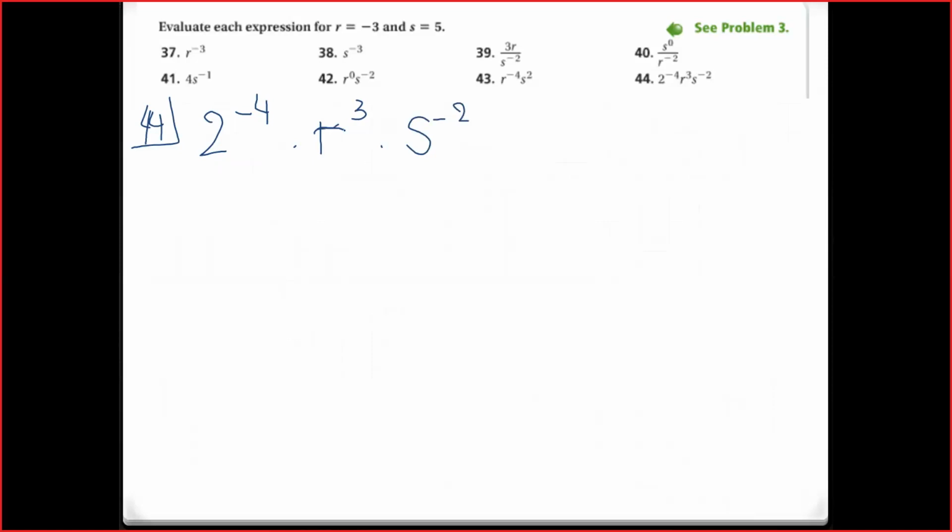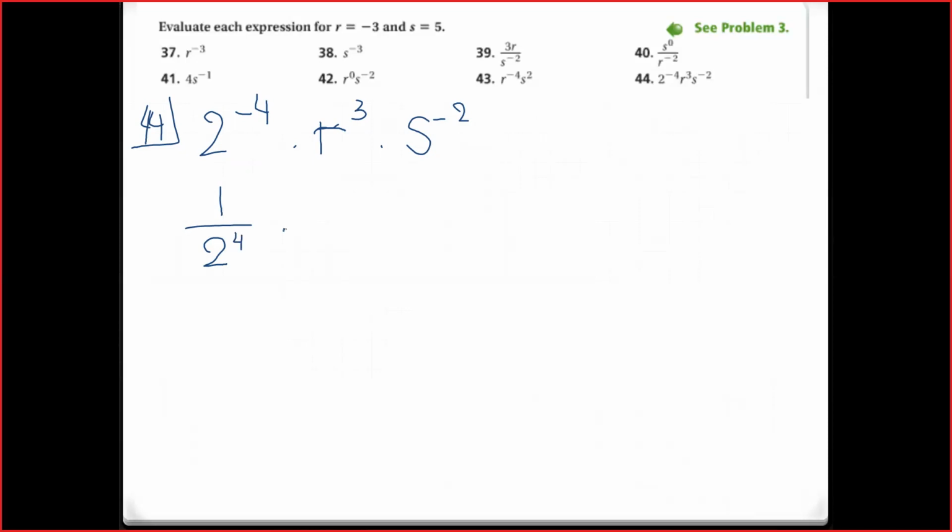Now, 2 to the power -4. What is the reciprocal of 2? 1 over 2. And what is the opposite of -4? Positive 4. Thank you. Times r cubed.